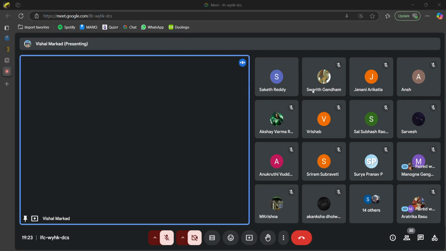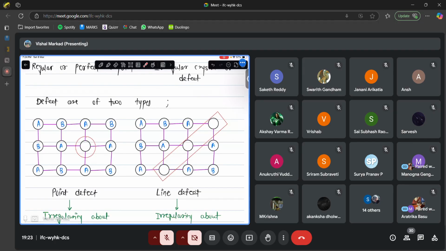It'll decrease because mass changes. Each atom contributes to the mass, so if I remove the atoms, mass will decrease. Volume is remaining the same, so density will decrease.